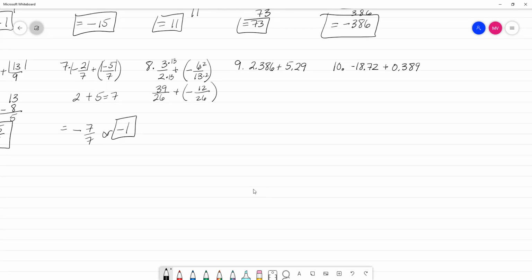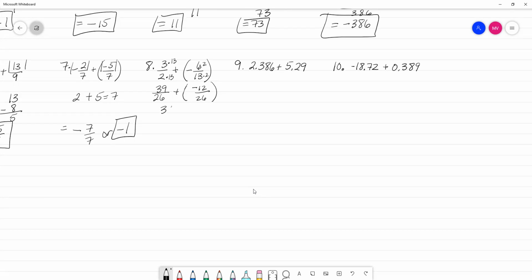All right, so again, look at these two. Which one is larger? The absolute value of 39 is significantly larger than the absolute value of negative 12. I'm just going to move that up there. And so when we look at that, it's really just 39 minus 12.